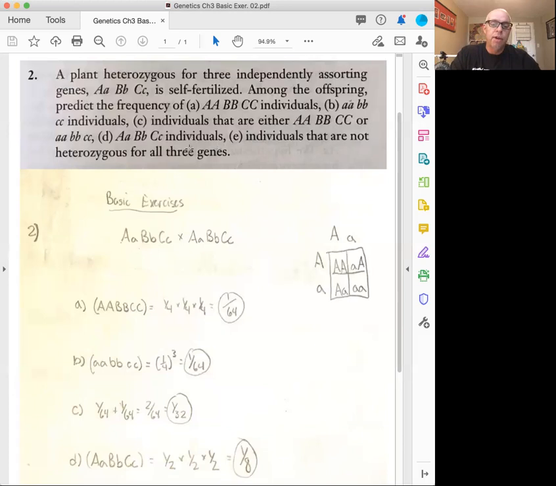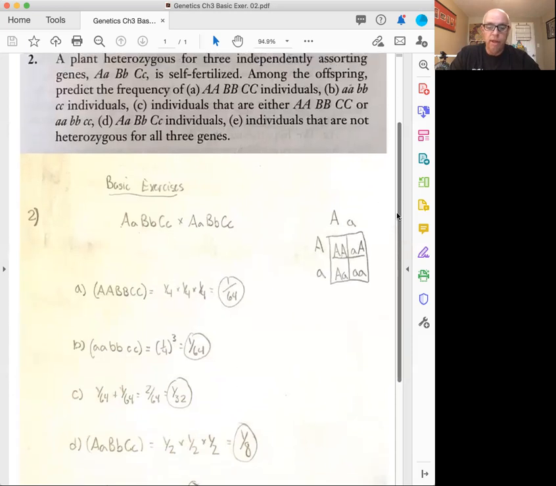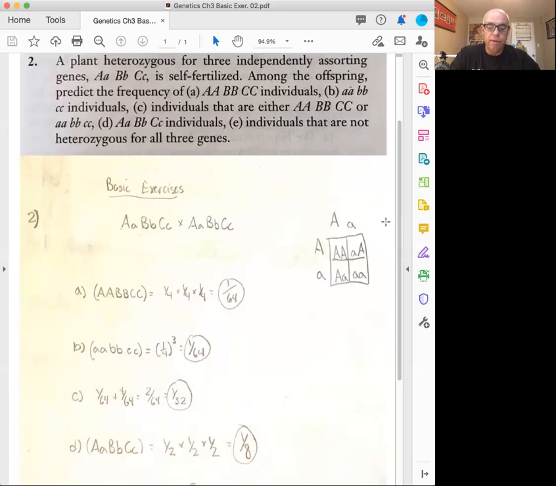And so you're either heterozygous for all 3 genes or you're not. That means that what we can do is, did I skip one? Oh yeah, I skipped D. So what we can do is subtract that from 1, but I think I skipped down to E and I meant to be on D. Okay, so let's just forget what I said there. We'll get right back to it.